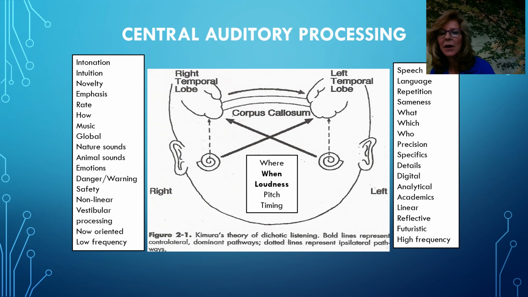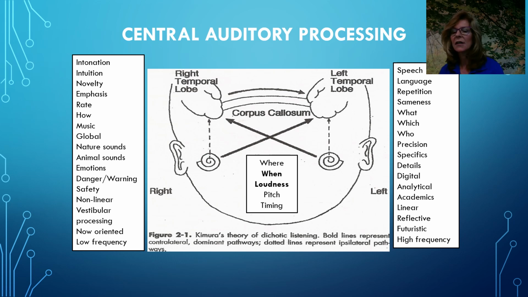Down there at the very bottom of the drawing, where you see the little face, is a box, and you'll notice the words in there: where, when, loudness, pitch, and timing. These are more functions of the lower brain or brainstem. And as little babies, we begin to localize sounds, looking left and right for sounds at about 6 months of age.